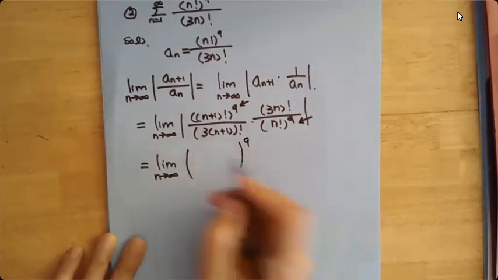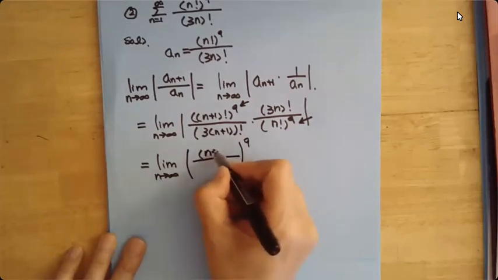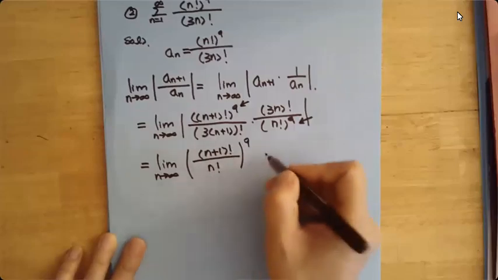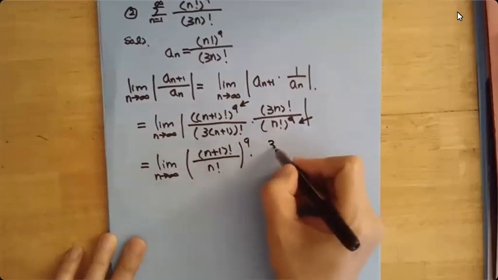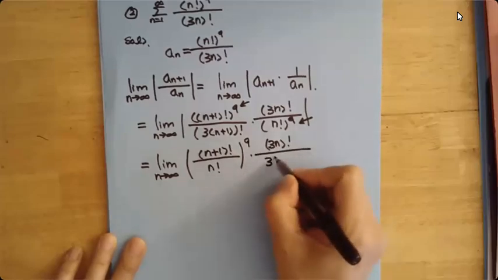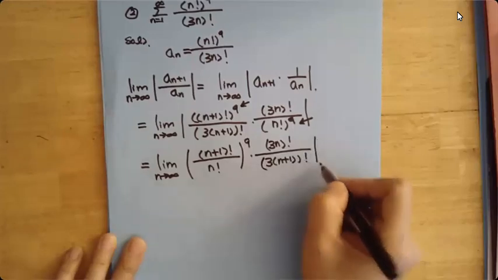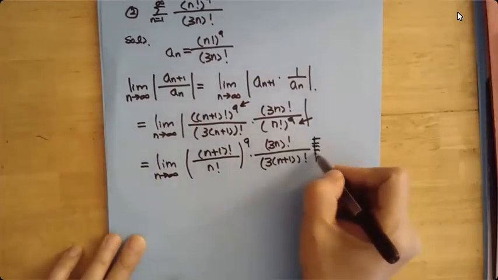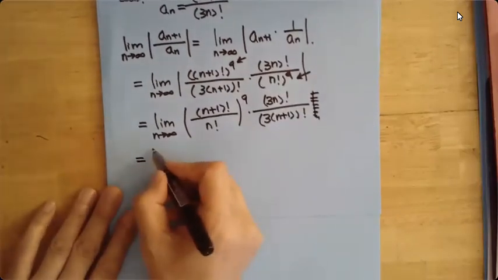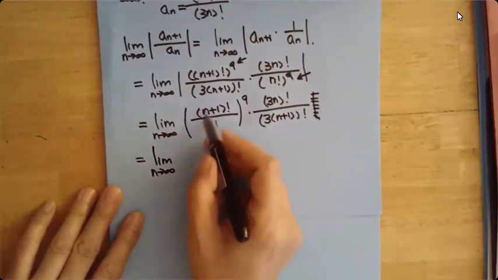Let's raise to the 9th power, and the fraction goes like n plus 1 factorial over n factorial, times the next one, which is 3n factorial over 3 times n plus 1 factorial. We don't have to use absolute value. The limit as n goes to infinity. What is this?